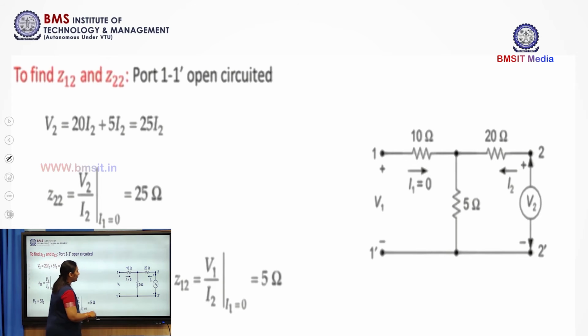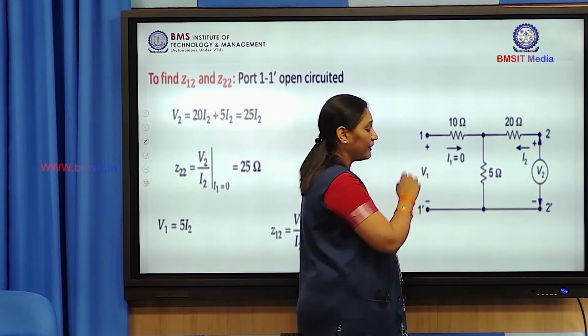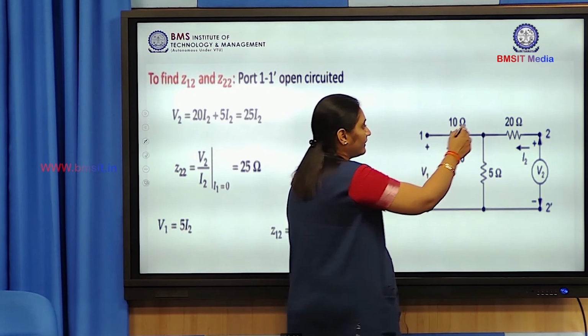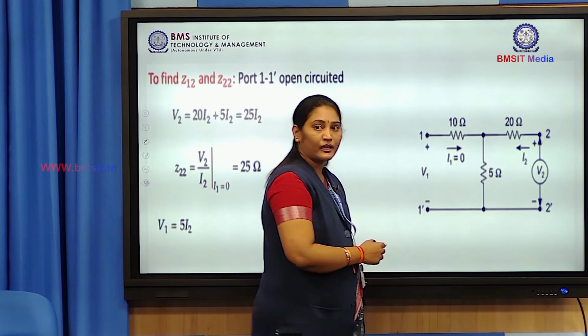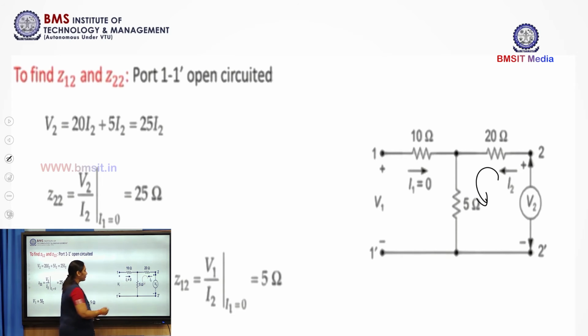By open circuiting the input port, I1 will be equal to 0. We have V1 as the input voltage. Again the 10 ohms resistance will be redundant. Then we take the current flowing through this and apply the KVL. What is V1?